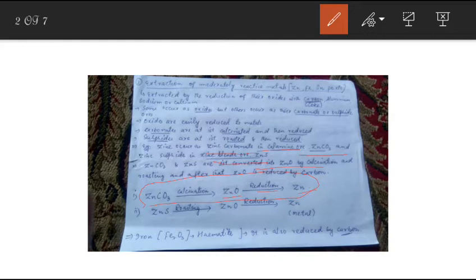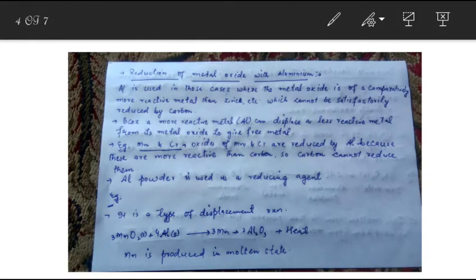Roasting is the process in which sulfide ores are heated in the presence of oxygen and converted into metal oxide, and that metal oxide is then reduced to form metal.